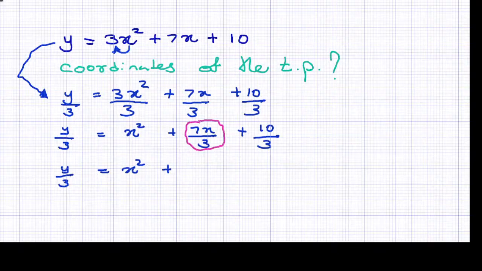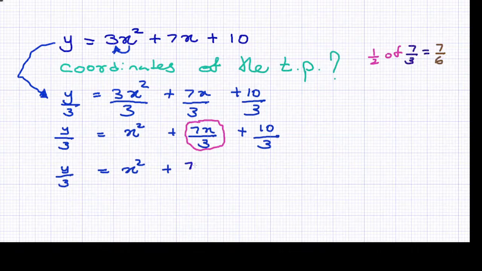You take only the coefficient, that is 7 over 3. Half of 7 over 3 is 7 over 6.